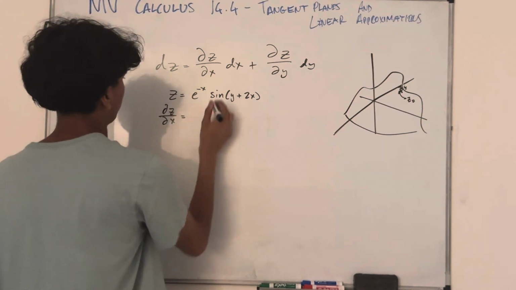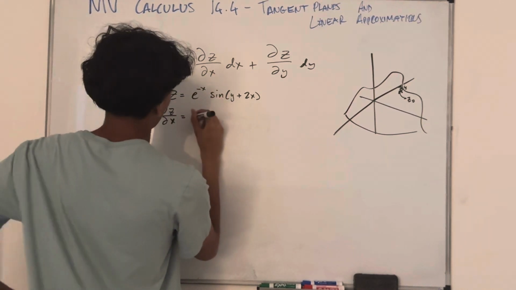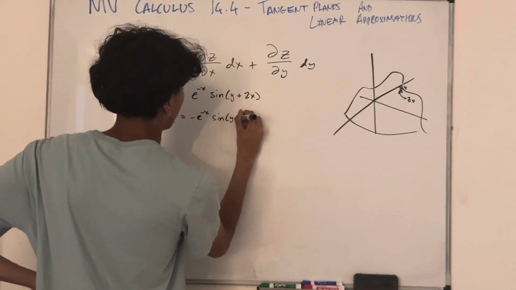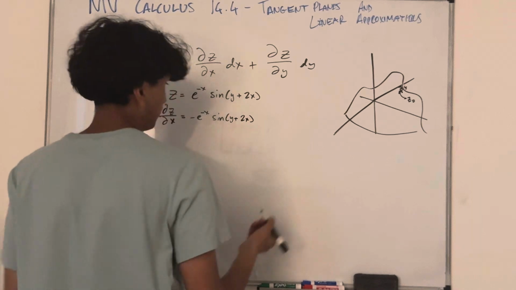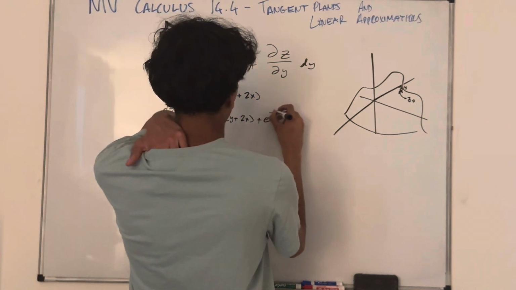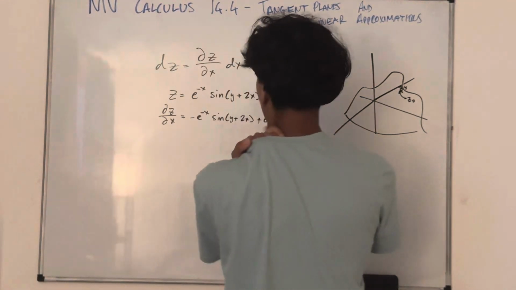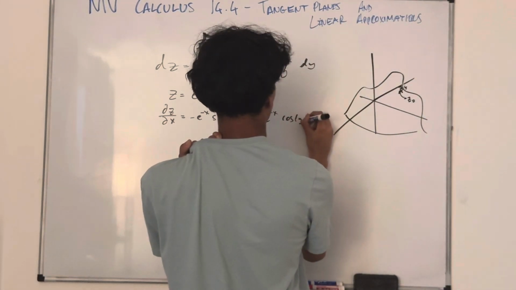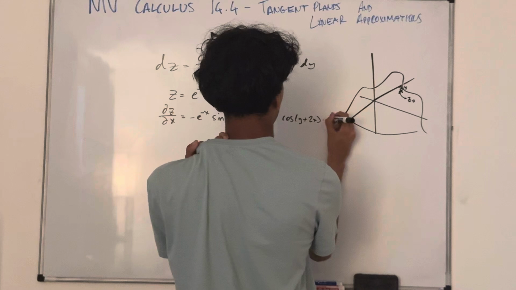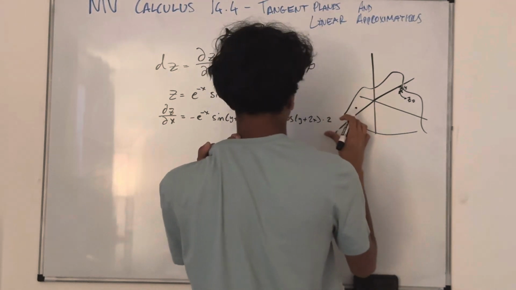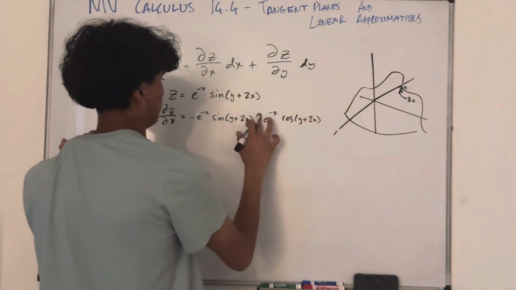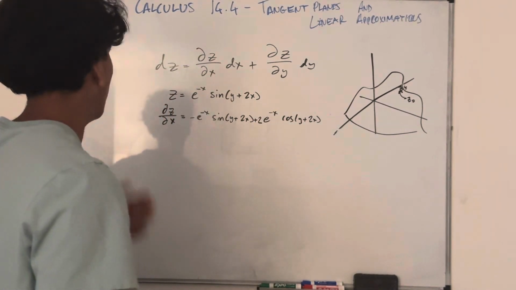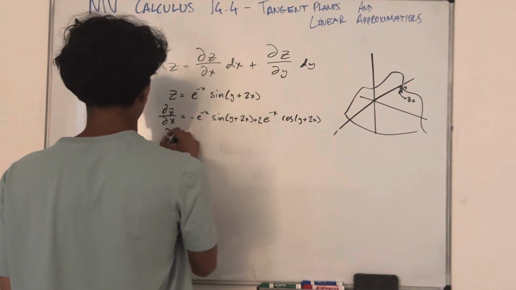I take the derivative of the first, which is negative e to the negative x, and leave the other. Then I take the derivative of the other, so e to the negative x, and I'm going to do the chain rule, so cosine of (y plus 2x) multiplied by 2.